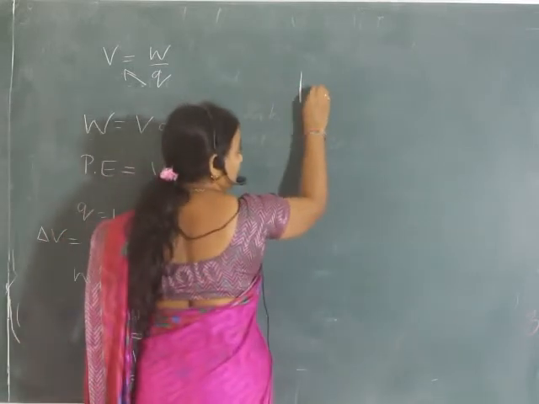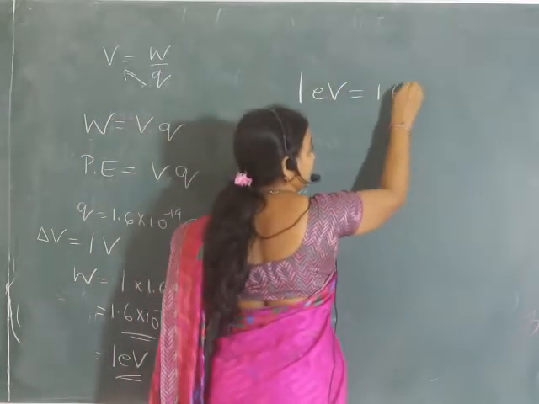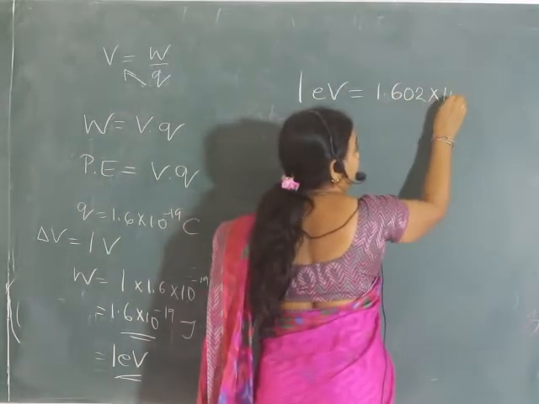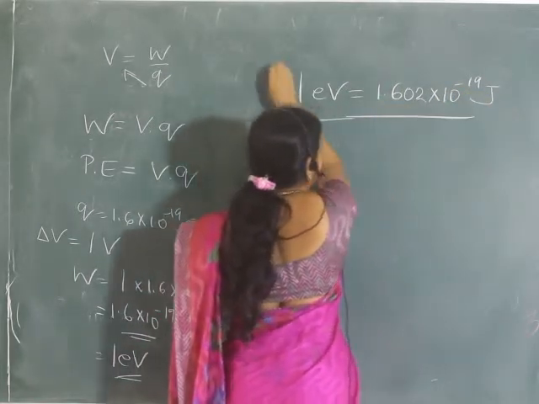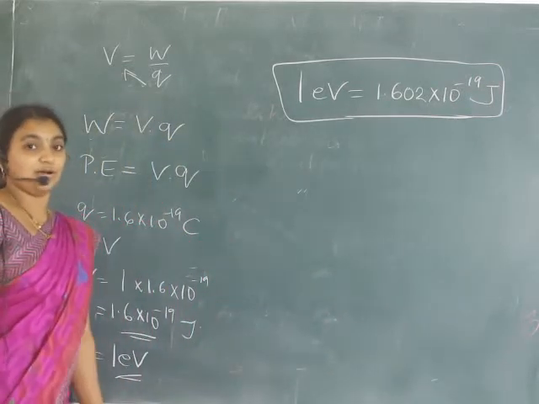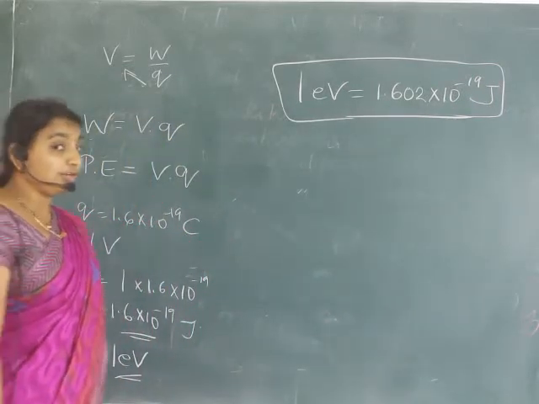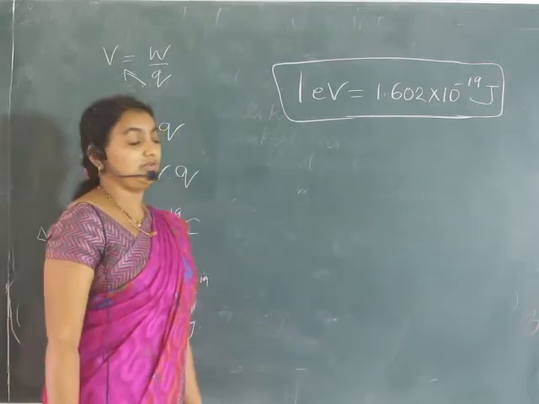So one multiple choice question: 1 electron volt is equal to 1.602 into 10 to the power minus 19 joules. Keep this in your mind. Whatever answers you got in your problems, which you wrote in terms of joules, you can convert in terms of electron volt.